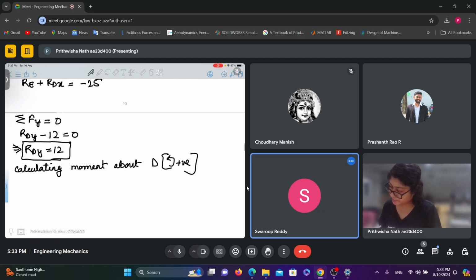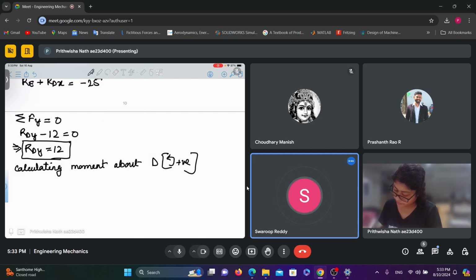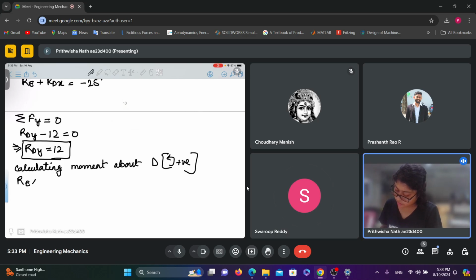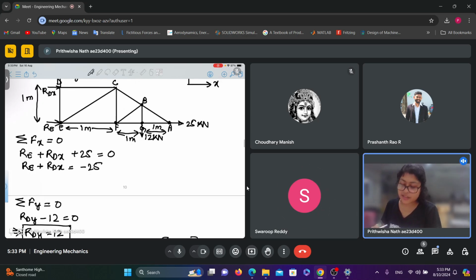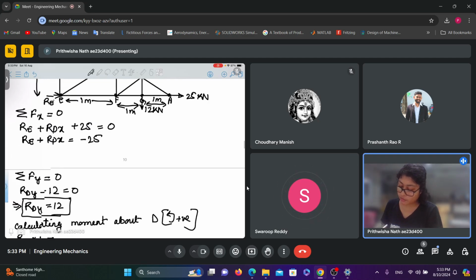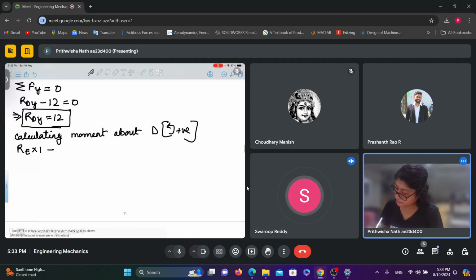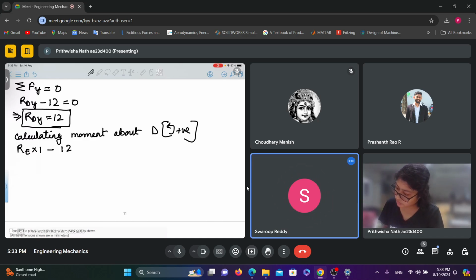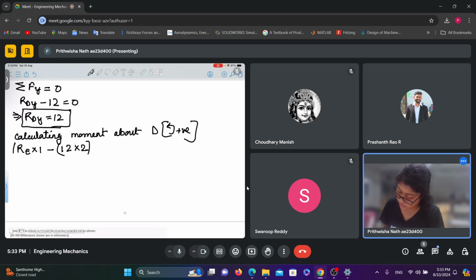So R into 1, minus 12 is causing a clockwise moment, so it should be minus 12 into 2, and 25 is causing again an anti-clockwise moment.